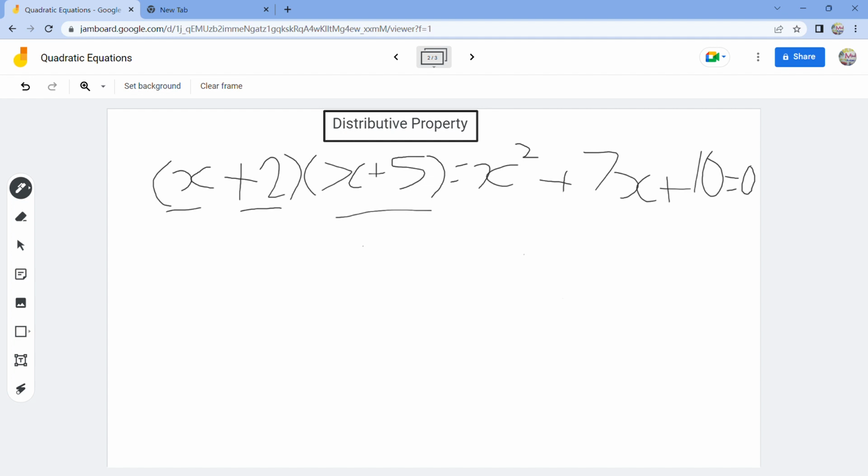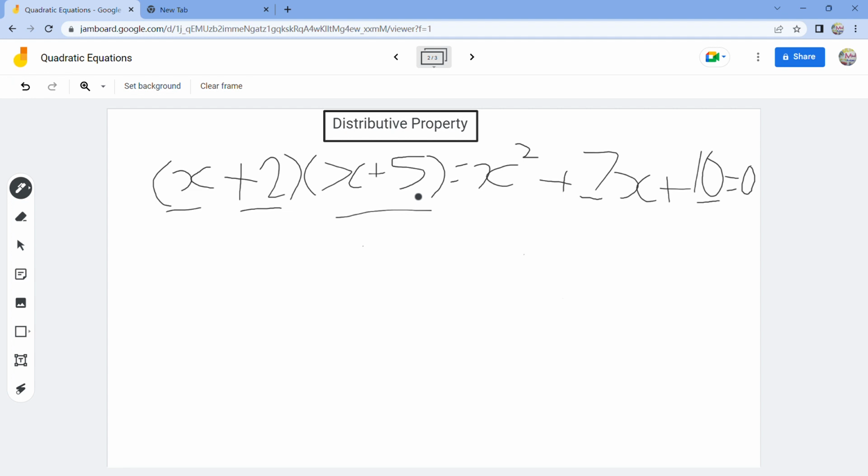We can see that the 7 here is the sum of 2 and 5, and the 10 here is the product of 2 and 5. The constant at the end, without the variables, is always the product of these numbers, even for cubic equations, quadratic, or any polynomial equations.